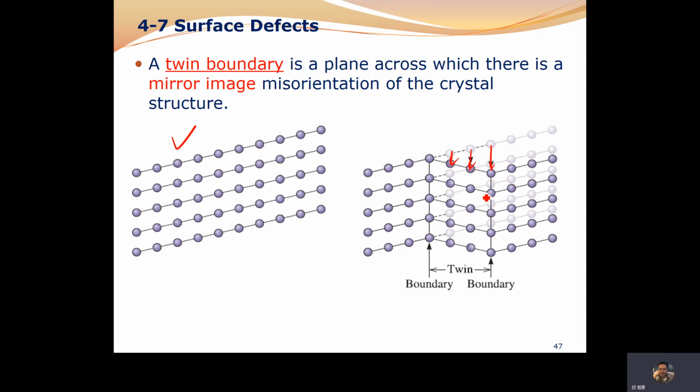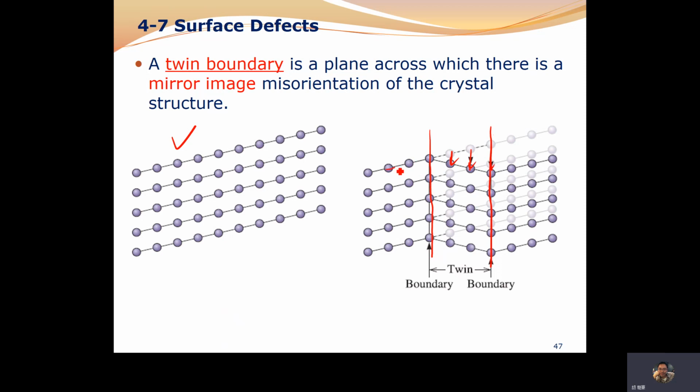If we can observe a twin plane, it is a plane like a mirror. What's the characteristic of a mirror? The image is symmetric. If this atomic structure deforms, and there's a mirror plane, we see this deformation process as twinning.